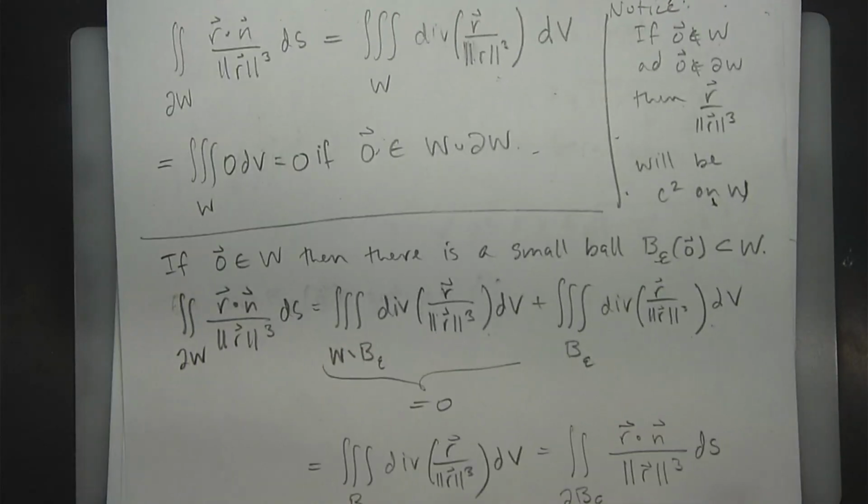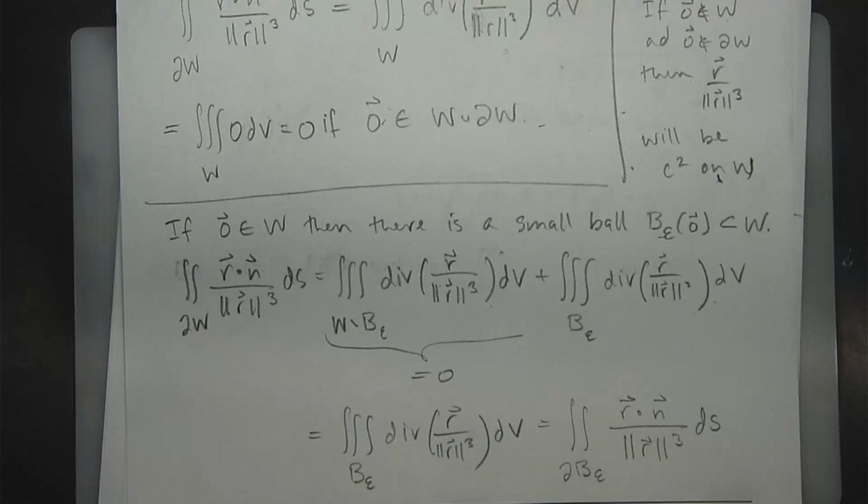So looking at just the boundary of the ball, all our integrands become rather nice and we can evaluate. Okay, so let's do that.